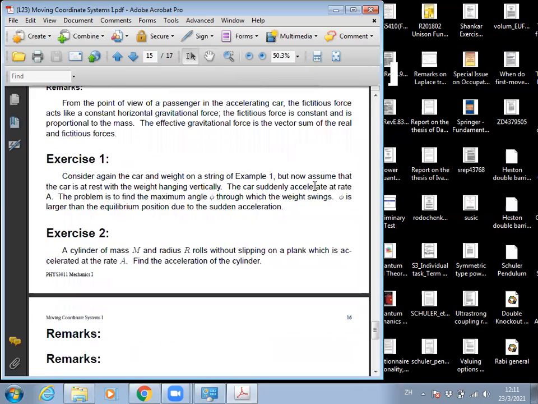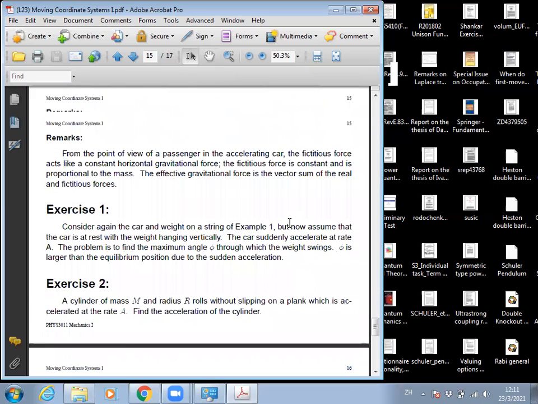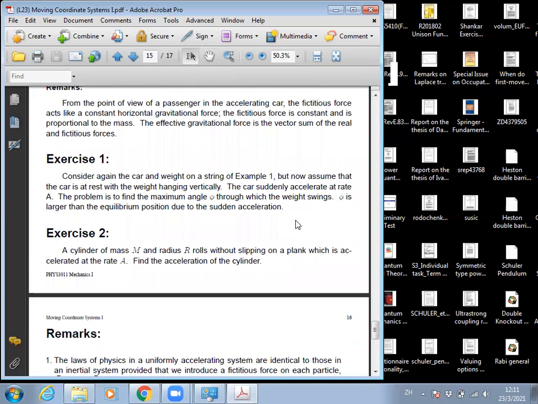All right, the second exercise. A cylinder of mass m and radius r rolls without slipping on a board, which is accelerated at the rate a.